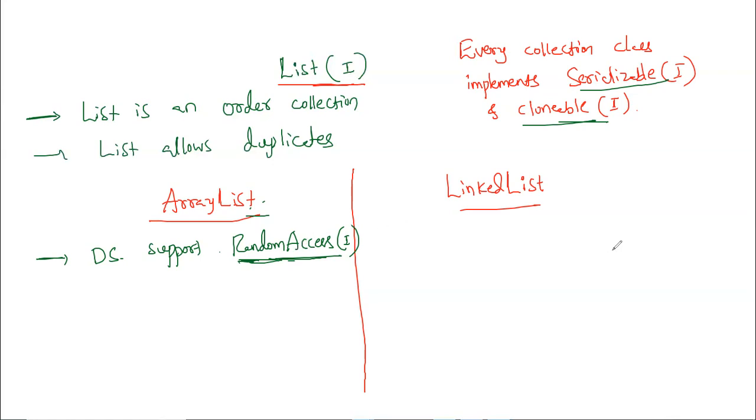One more point I am adding. This RandomAccess interface is a marker interface. What is a marker interface?